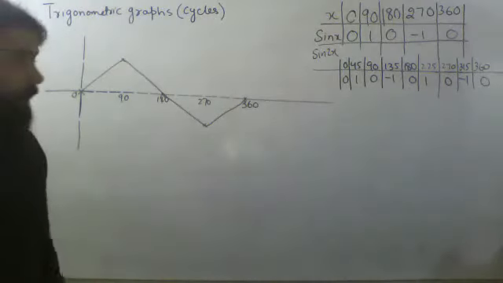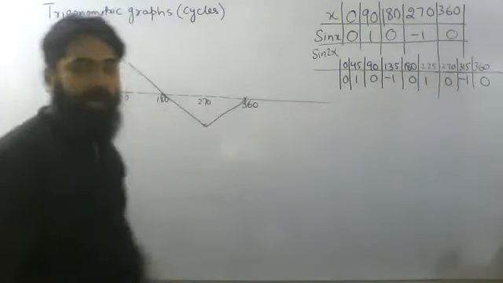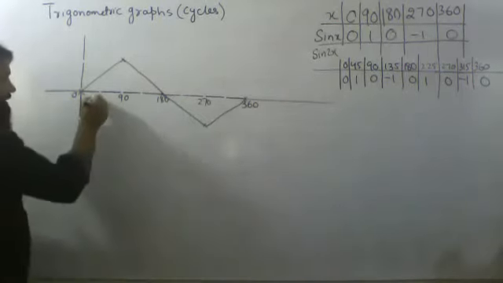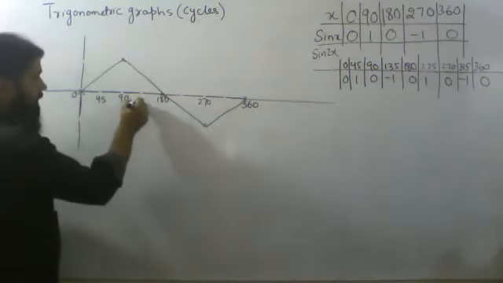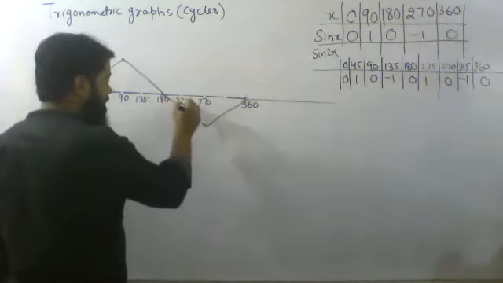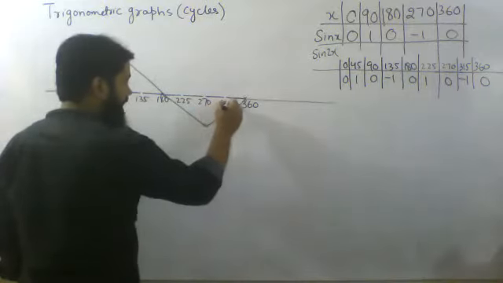Okay? So now I am going to plot these values over here to get my result. In the center values, I will be writing 45, 135, 225, 315.